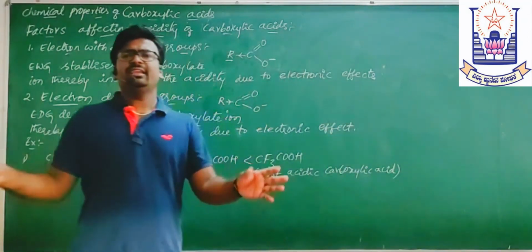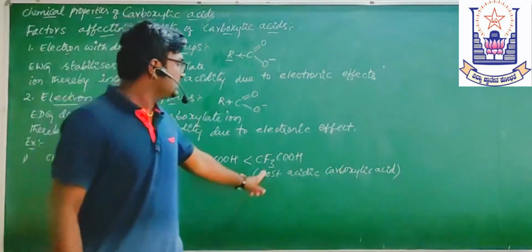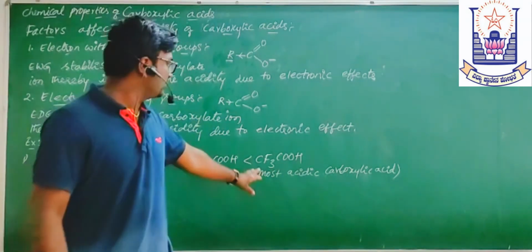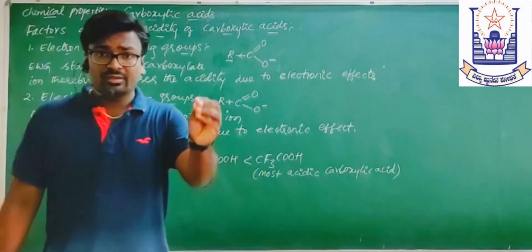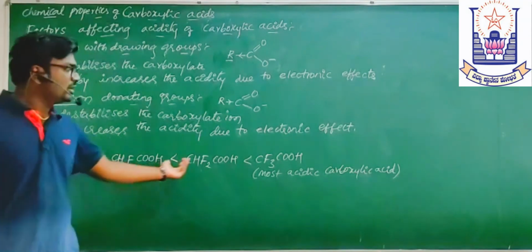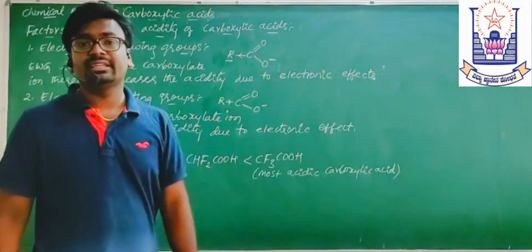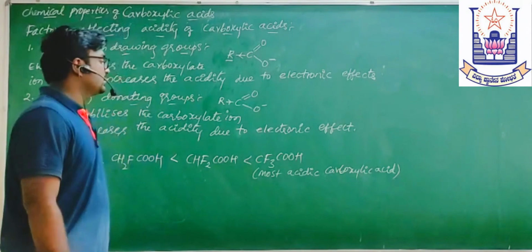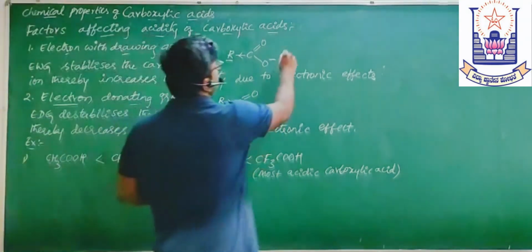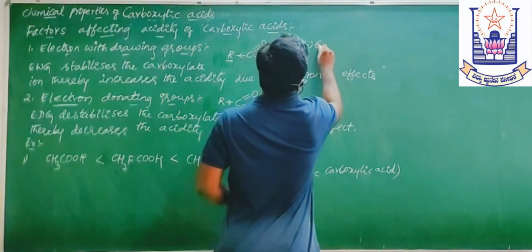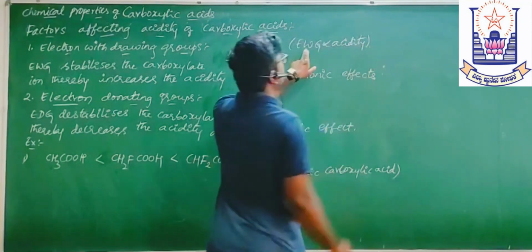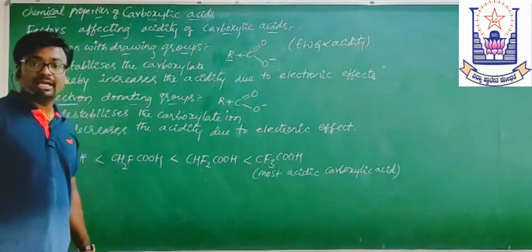In the entire set of carboxylic acids, trifluoroacetic acid is the most acidic due to the presence of 3 electron withdrawing fluorines. Electron withdrawing groups are directly proportional to the acidity.